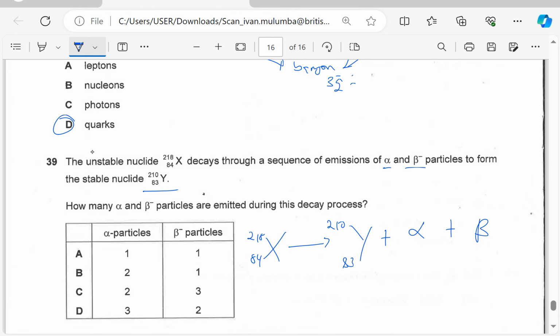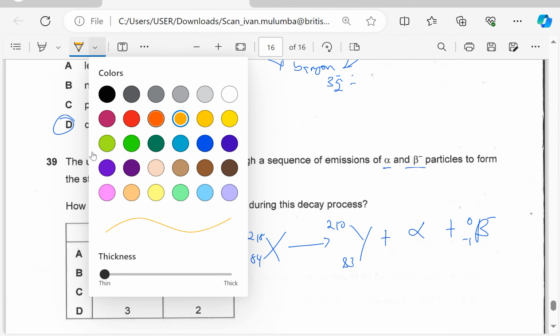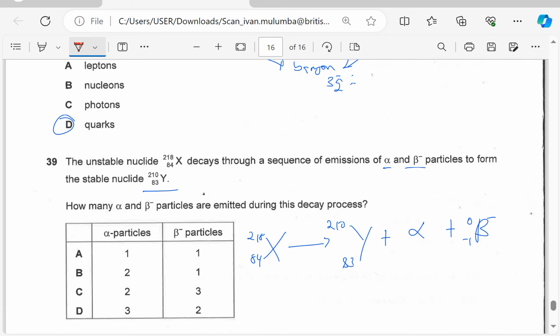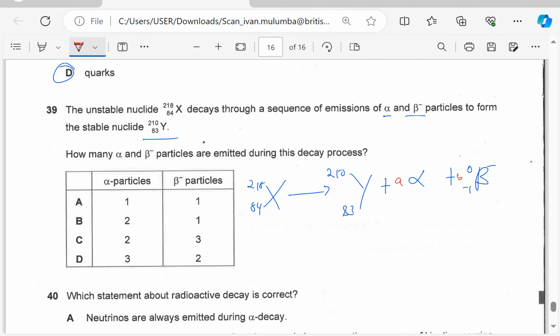This was a Feb March question. So this is beta minus, which is 0, -1. Let's say it gives us A alpha particles and B beta particles. So we are just going to balance this equation.